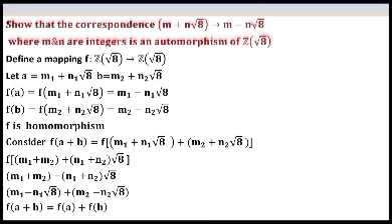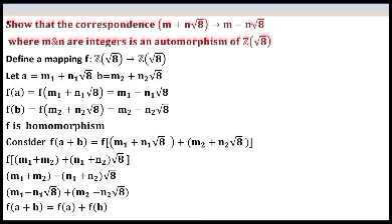Next, we are proving f is homomorphism. Consider f of a plus b. That is, f of a plus b is nothing but f of m1 plus n1 root 8 plus m2 plus n2 root 8.